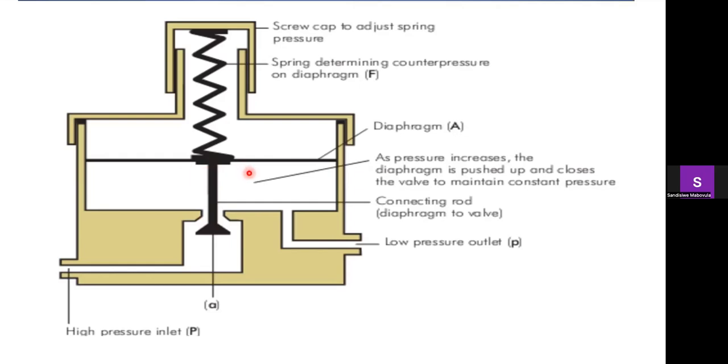I think it's going to reduce this area around, from the high pressure to the A. So then you're going to have less gas going through into the low pressure system. But then if there's low pressure, the spring will be able to relax, opening that area to allow more gas to flow.